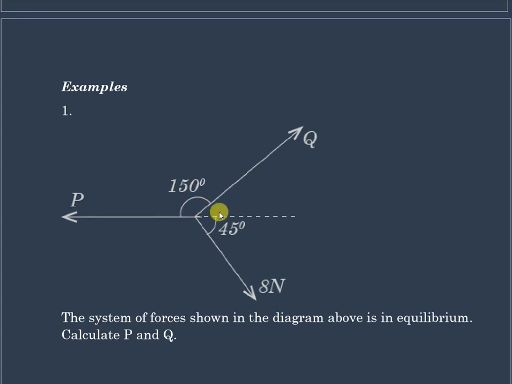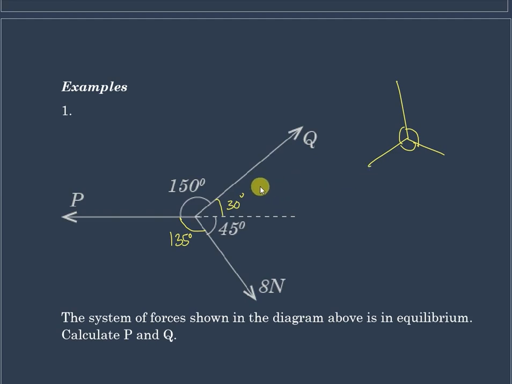This example can illustrate something. We can use Lami's theorem, but when you are to use it, you must have the three angles, have this, have that, and that. Now when we look at this diagram, this angle is 180 minus 45, which is 135. This angle here is 180 minus 150, which is equal to 30 degrees.